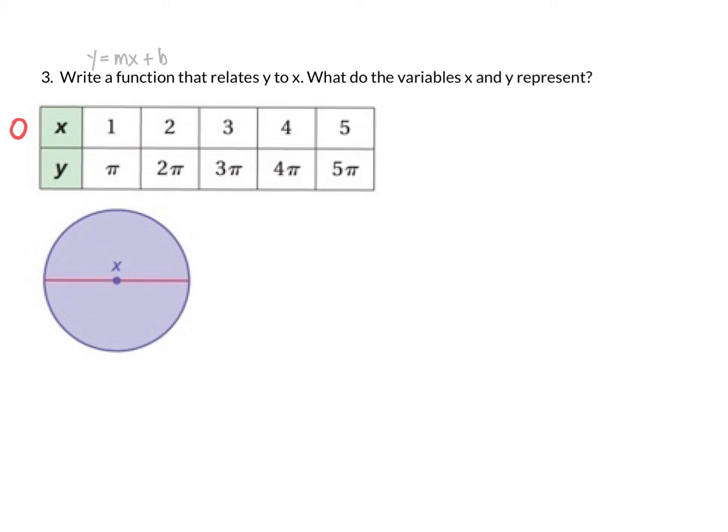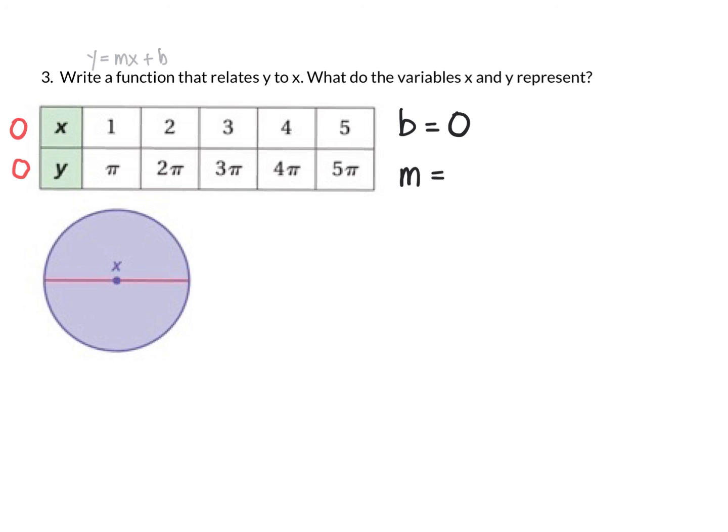And then we have 5 pi, 4 pi, 3 pi, 2 pi. This is 1 pi, and then if we take one more pi away, we have 0 pi, which is just 0. Okay, so we know that the b, or the beginning of this pattern, is when x is 0, y is also 0. All right, so b is 0.